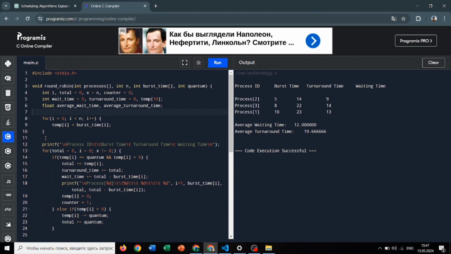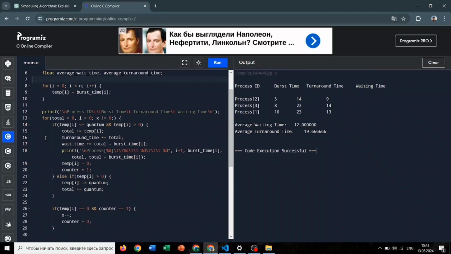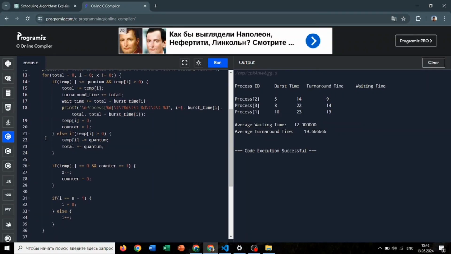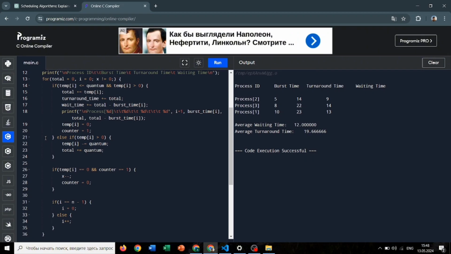Now, inside the loop, each process gets a chance to execute for the duration of the quantum or its remaining burst time, whichever is less. Total is updated by either the quantum or the remaining burst time of the current process.